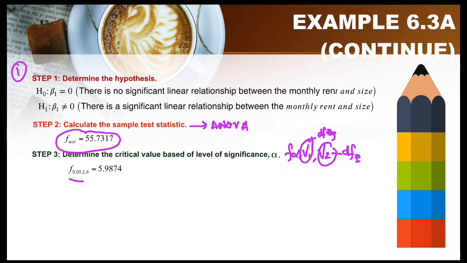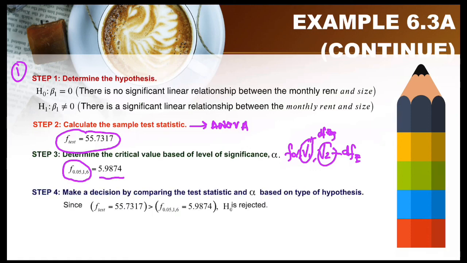Okay, so you will get F 0.05, 1, 6. Look at your stat table, you will get 5.9874. Step number 4, compare. Because our F test is 55.7317 greater than our F critical value, we reject H null. So what happens if we reject H null? We reject this one. So what is your conclusion?